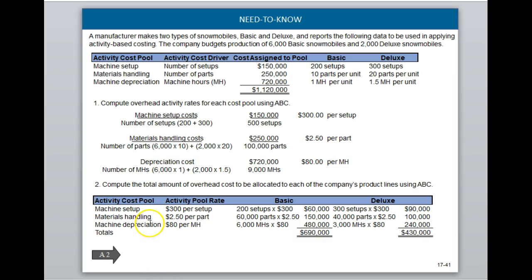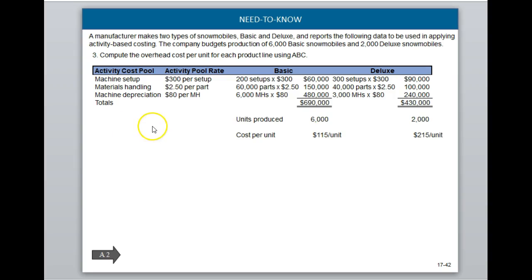So then we assign it to the correct activity pool. And from there, it's allocated out. Now, it's a lot of numbers spread all over the place. And I think you will probably have to do a couple of these before they really sink in and make sense. So that is activity-based.